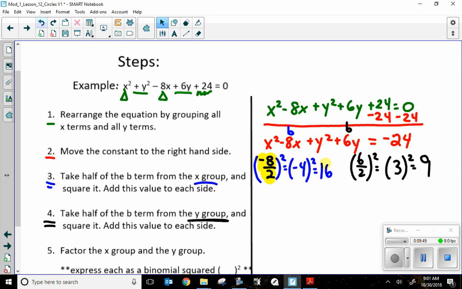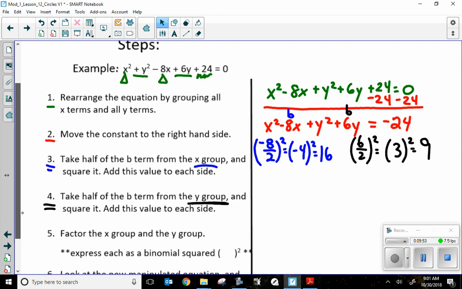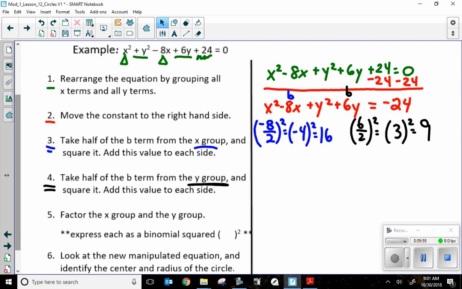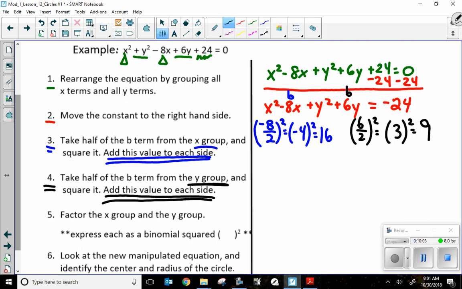So let's get rid of those highlights, and let's go on to the next step. Well, actually, let's not forget we want to add this value to each side. Whatever we got from doing our brain trust here, like this 16 and this 9, we need to add those to both sides.